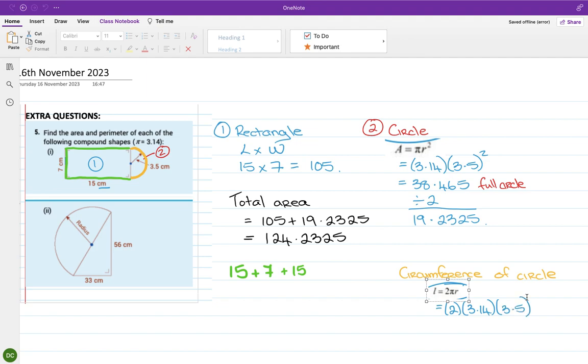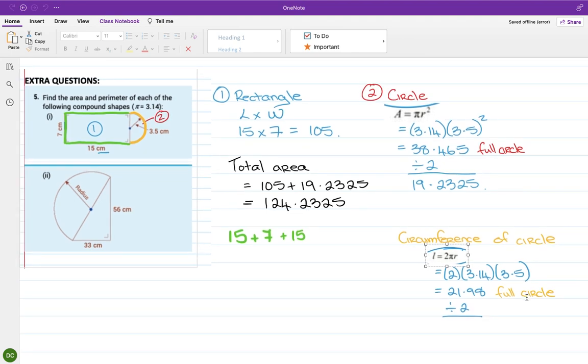I type that into my calculator and I'm getting 21.98. But again, that is a full circle circumference. I only need half of that, so I'll divide by 2. So that's 10.99. And that is the last bit that I have to add on.